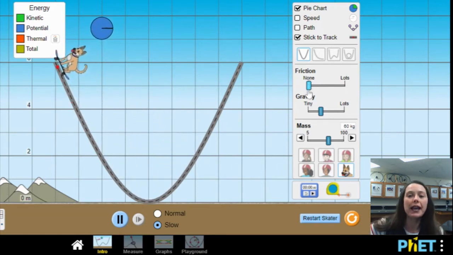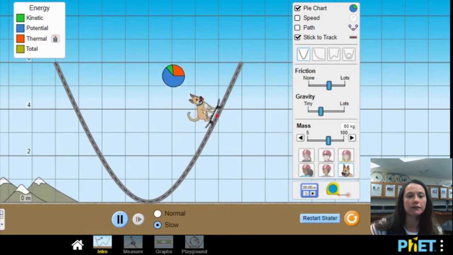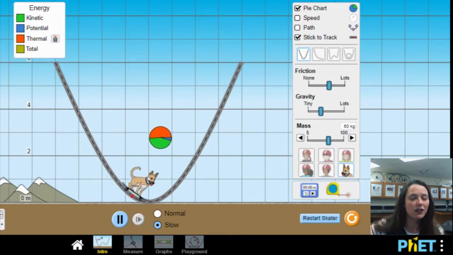Let's see what happens as we add friction to our system. Notice that with friction, the dog doesn't go as high up either side of the ramp. And there's a new portion on our pie chart, the thermal energy.